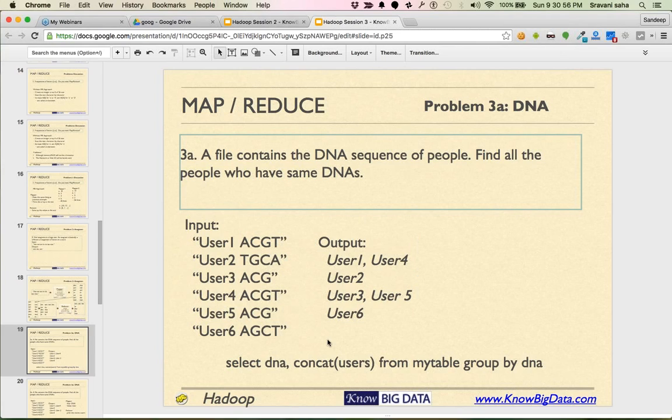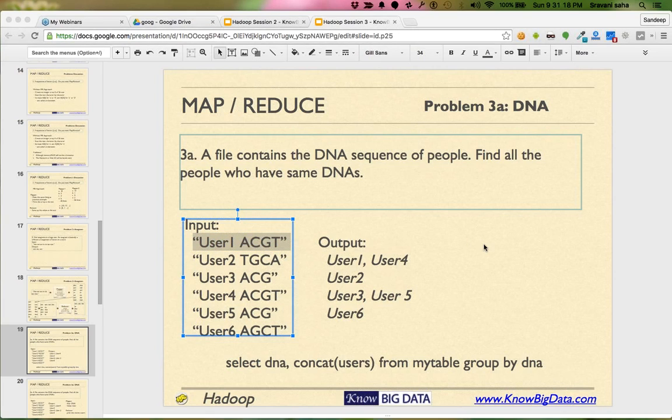Each record will be given to your map code, and the logic in the map has to give out a key and a value. Based on this key, Hadoop will group all the values together. All the values which have the same key will be grouped together. So you have to tell me what will be the key and what will be the value.